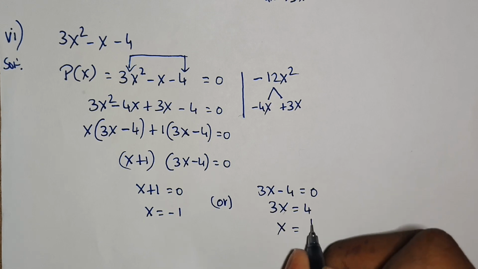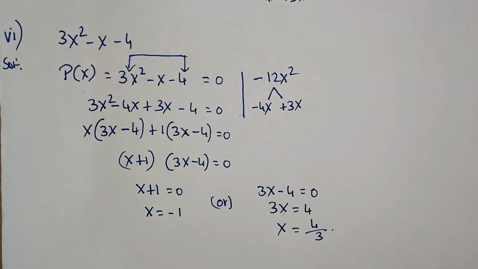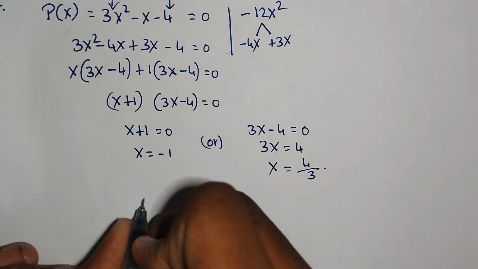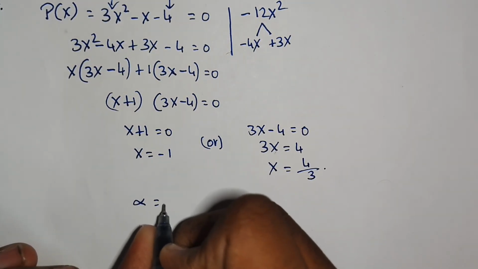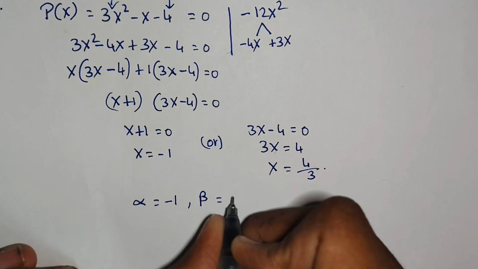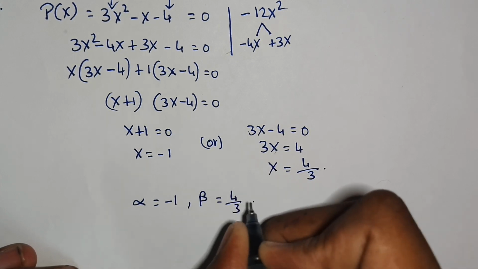So x is equals to 4 by 3. We got the two zeros. Alpha is equals to -1, beta is equals to 4 by 3.